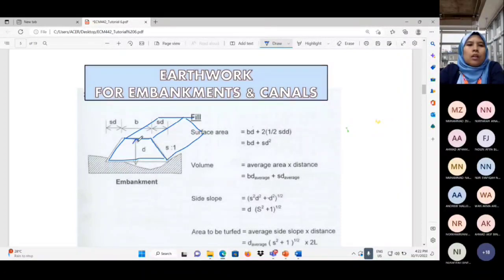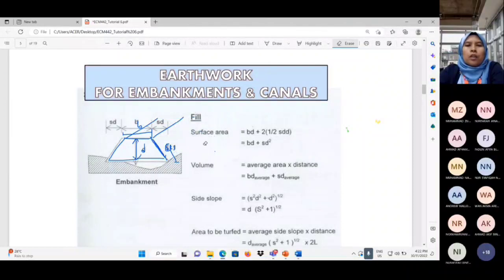So the dimension: the depth is D, the B is the width, the slope is S1, S is the slope lah, and also the length L. So that is the dimension of the embankment. So when we know what is D, what is B, what is S, and what is L, it's easy for you to understand the formula.